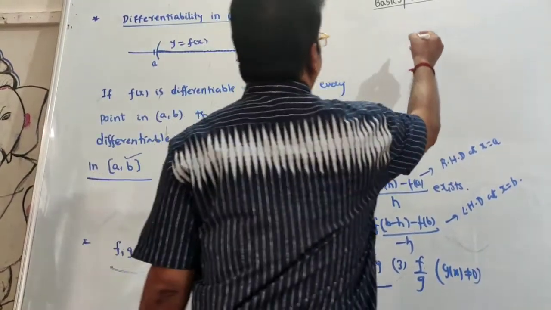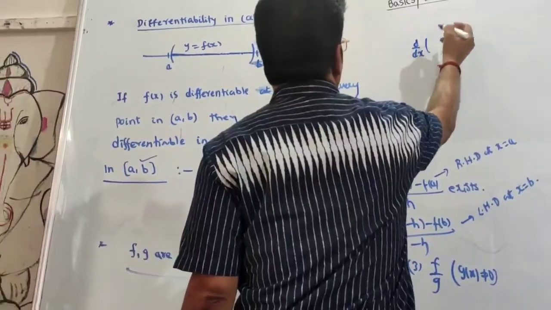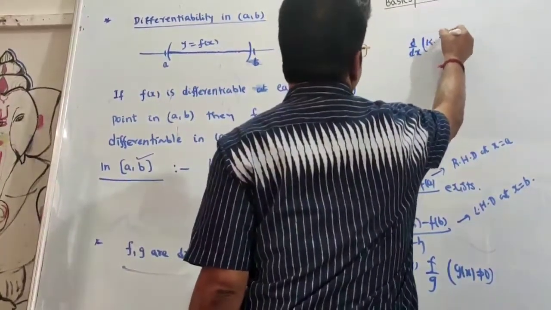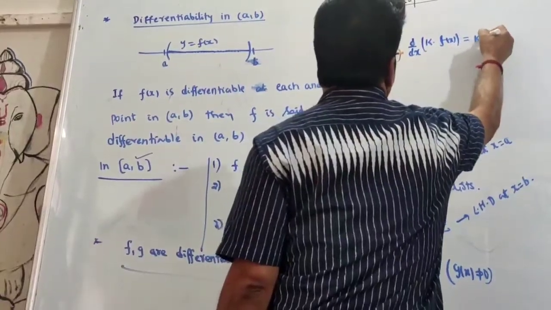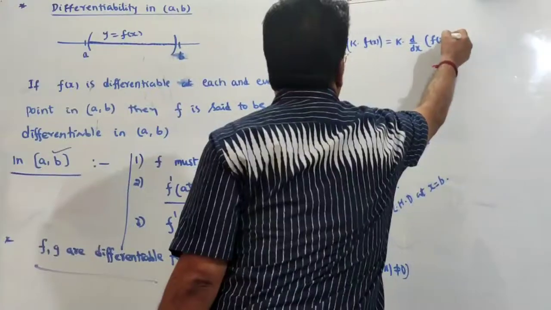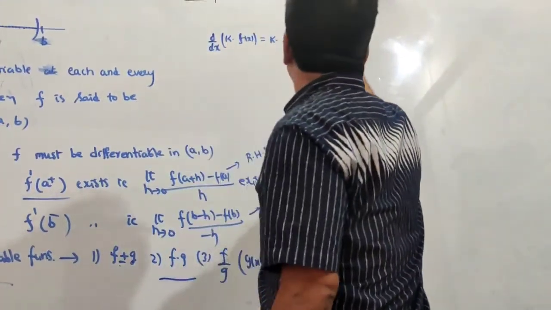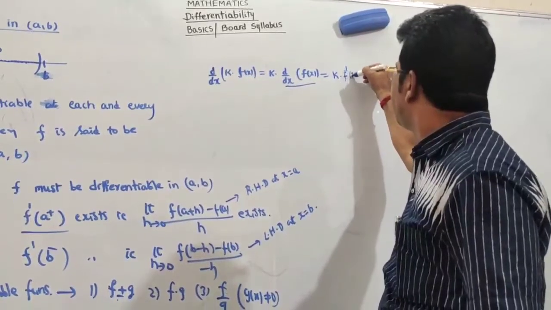Later, d by dx of k into f of x is equal to k into d by dx of f of x. Okay, simply it is denoted by k into f dash of x.